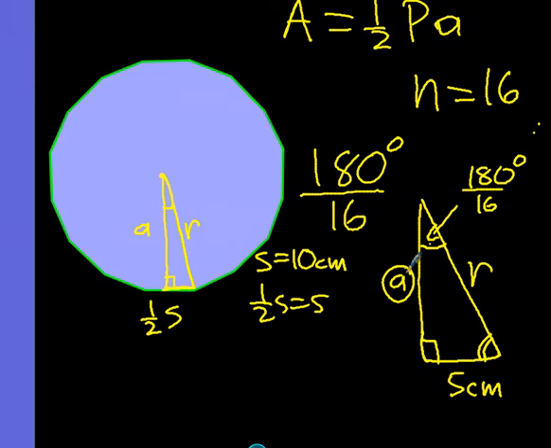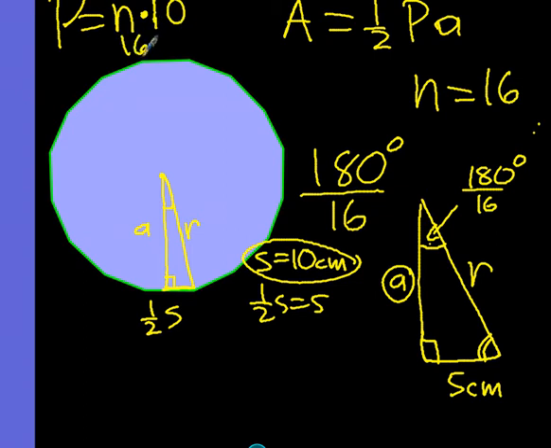The perimeter I have, because I have S. So the perimeter equals the number of sides times the side length, which is 16 times 10. Perimeter equals 160 centimeters. So that's easy.